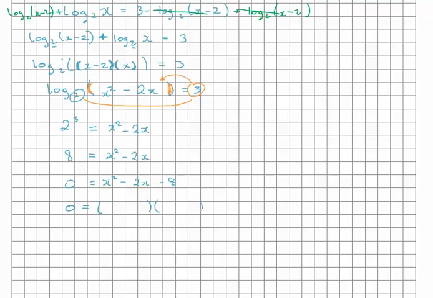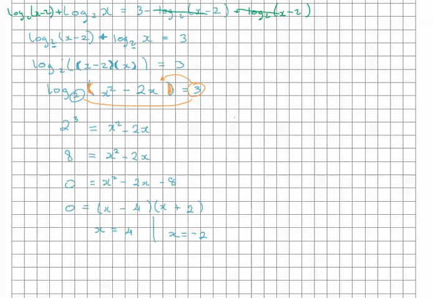In brackets, x squared, so it's an x by an x, and the factors of minus 8 that add up to negative 2 will be negative 4 and positive 2. So those are my factors. That leads to two solutions, x equals 4 and x equals minus 2.